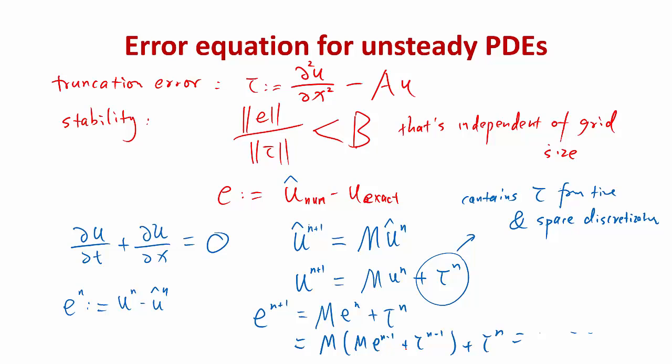And that brings some skills we learned from the iterative methods: as we multiply a matrix n times, what determines if M^n times E becomes bigger and bigger as you multiply M more times, or becomes smaller and smaller? The eigenvalues, right? So stability in this case has a lot to do with the eigenvalues of the matrix M. We want the eigenvalues of the matrix M to be bounded between minus 1 and 1.